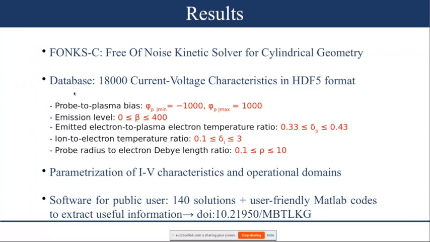This database covers a broad range of physical parameters, the dimensionless physical parameters we have in the model, which are five: the probe bias, emission level, emitted electron to electron temperature ratio, ion to electron temperature ratio, and probe radius to the Debye length.